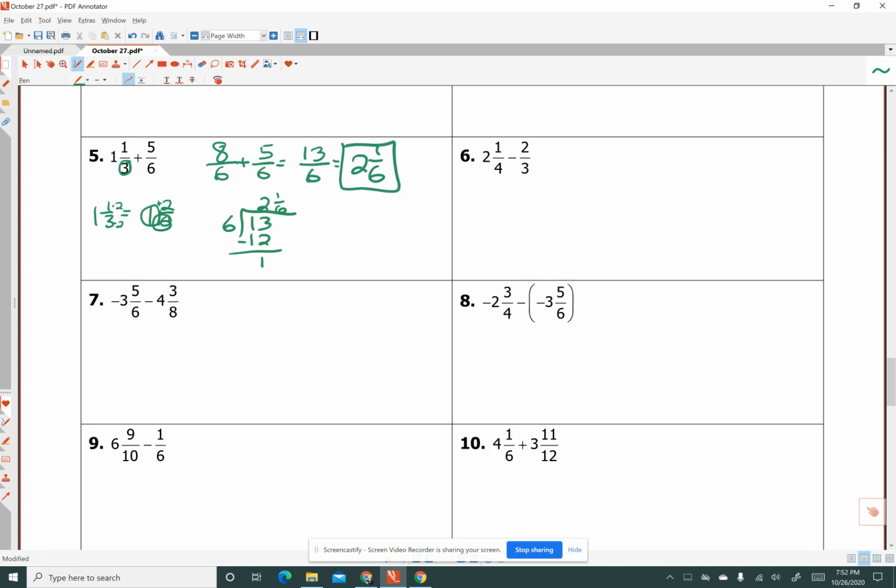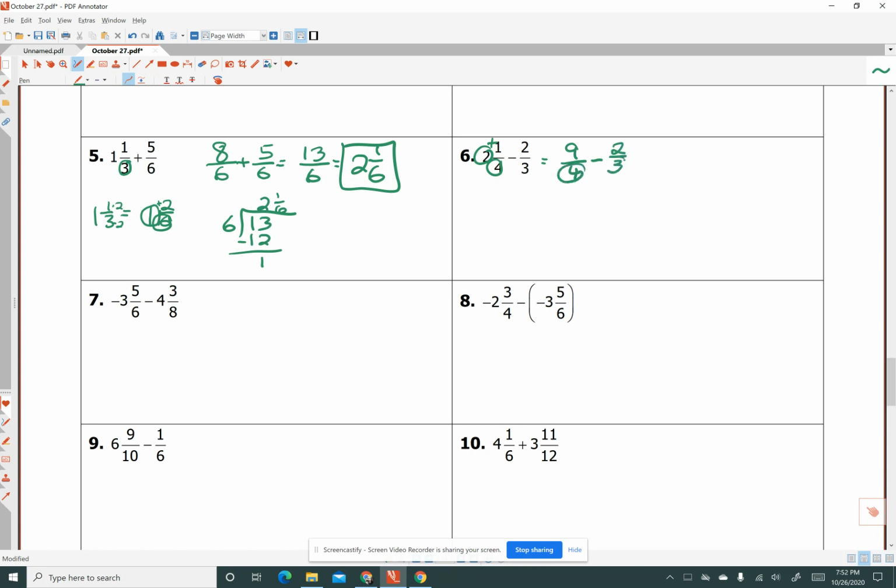Number 6, 2 1/4 is 9/4, because 4 times 2 is 8, plus 1 is 9. So that's 9/4 minus 2/3.